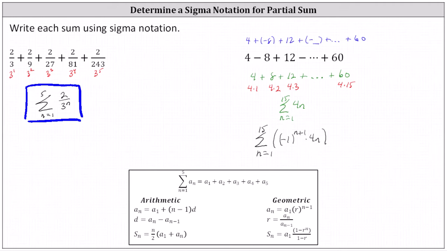And then when n is 2, we'd have plus negative 1 to the power of 3, which would be negative 1 times 4 times 2, or times 8, which would give us plus the negative 8 that we need. So this is the correct sigma notation for the original given sum, which again alternated between subtraction and addition, which we can always write as a sum as shown above.